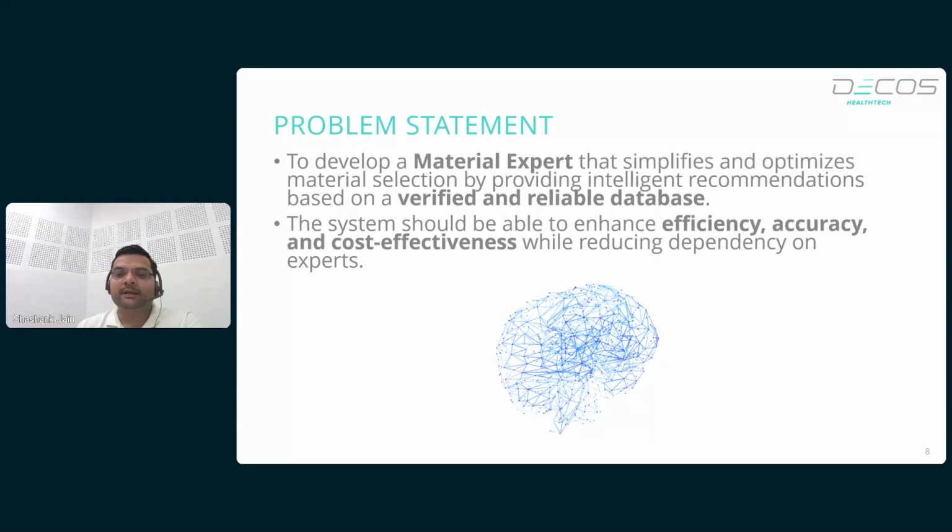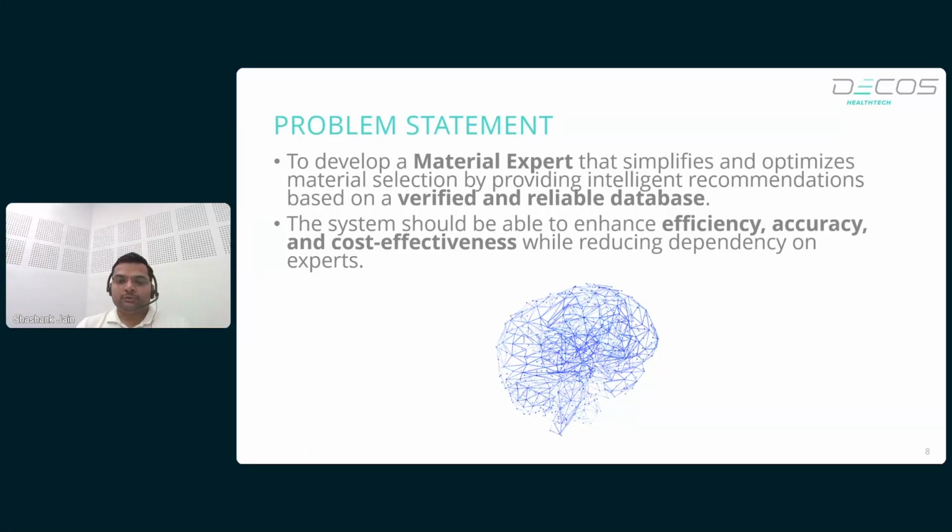Now, let's understand with an example. As per ISO, there are over 100 grades of stainless steel available, only in stainless steel, right? These grades are categorized into different families, and each family has its unique properties and applications, right?